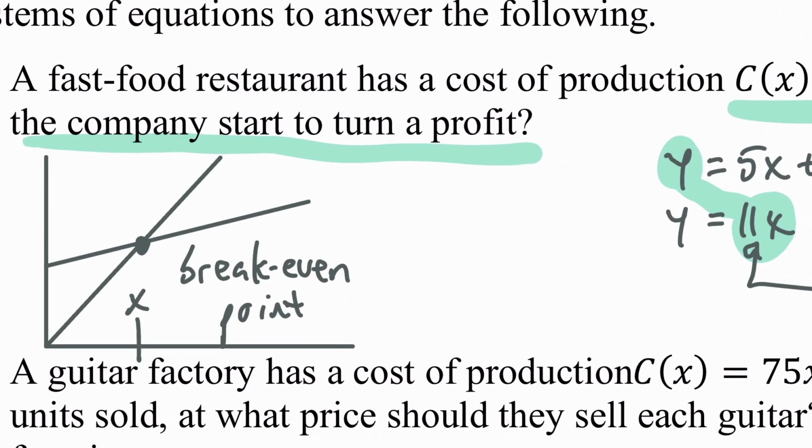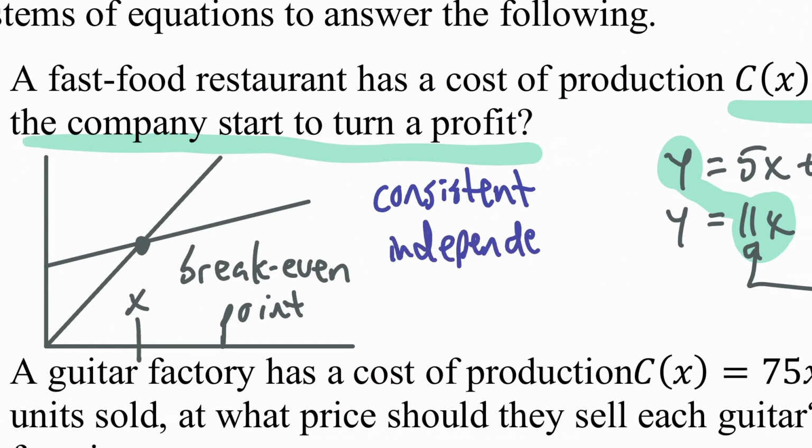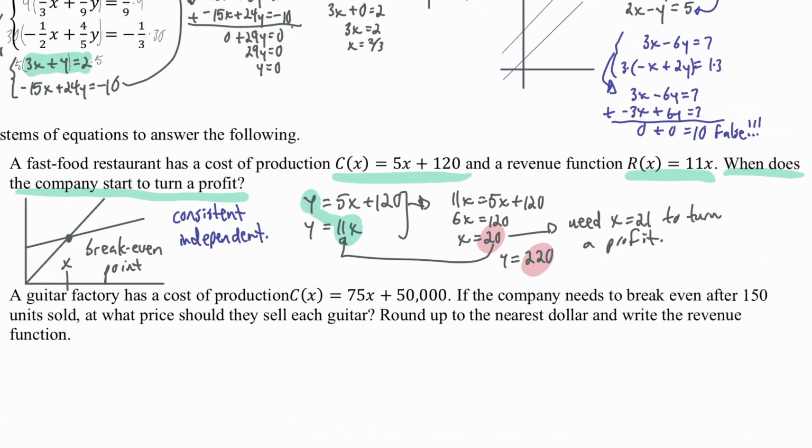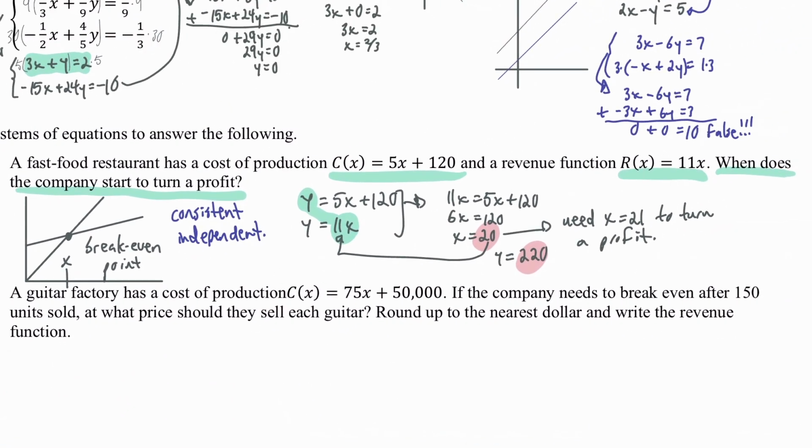This is a consistent, independent system. That's what that graph represents. So anytime you have two linear functions and you want to find out when they're equal, you're essentially solving a pair of linear equations. It's kind of the same thing, and the same approach can be used.